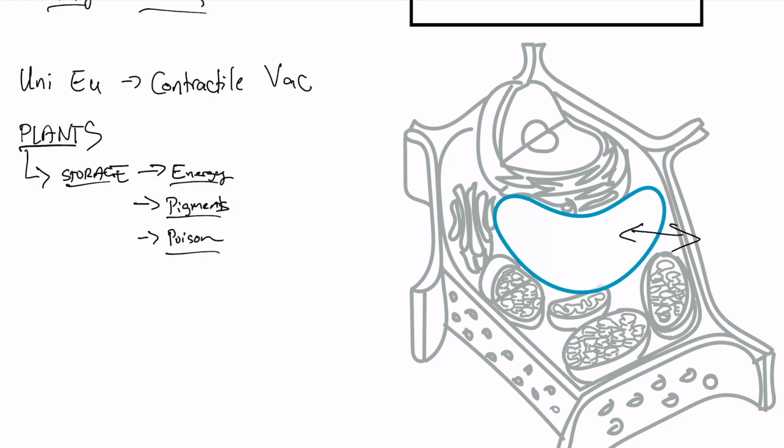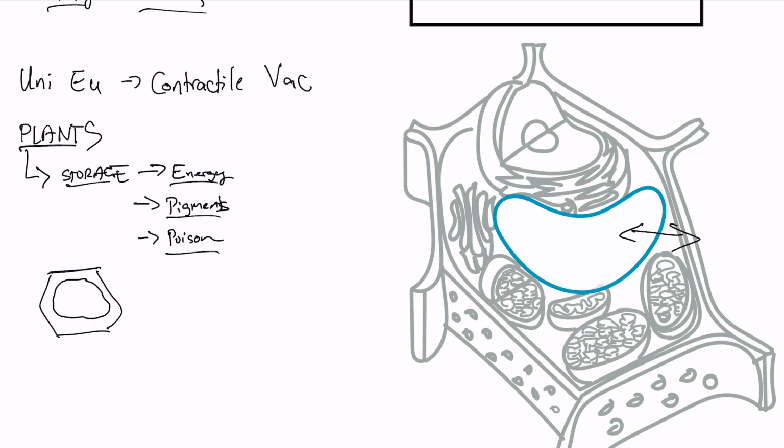from herbivores. Keep in mind that vacuoles, when they're filled, make plant cells turgid, which means that they're nice and taut. They have structure.